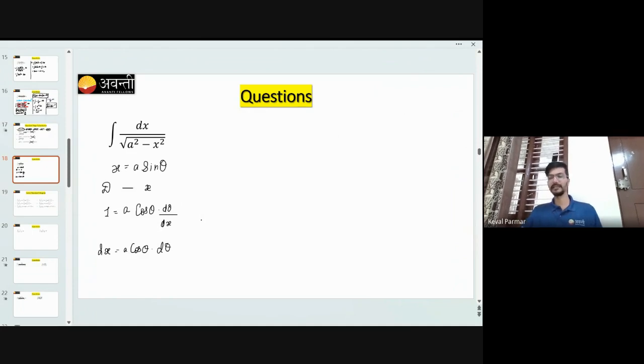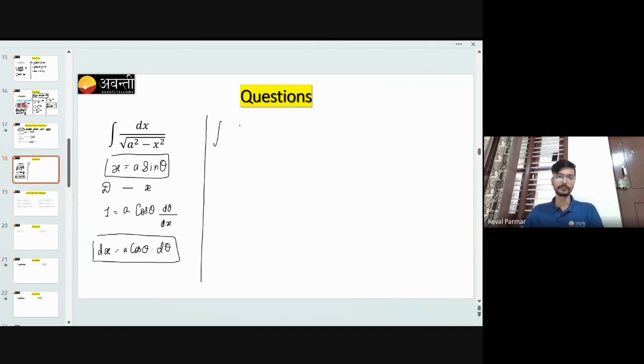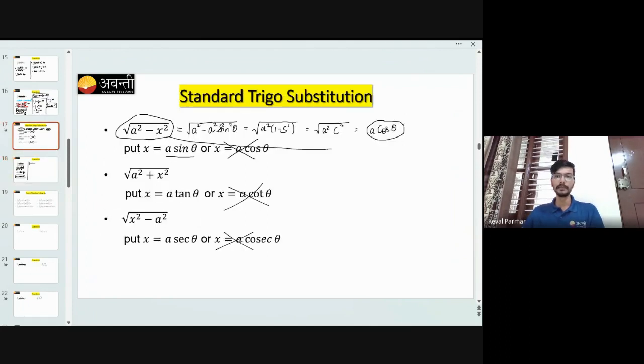Correct? I can easily write it as a cos theta d theta. Now, if we substitute these both in the question, my question will look like integration of 1 upon what was under root of a square minus x square, which was directly equal to a cos theta.